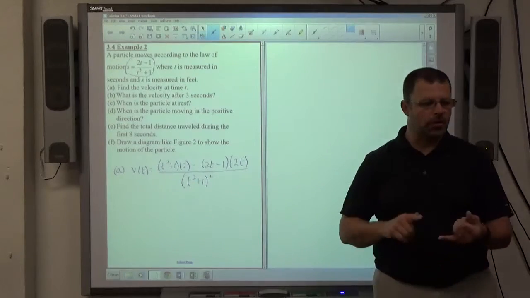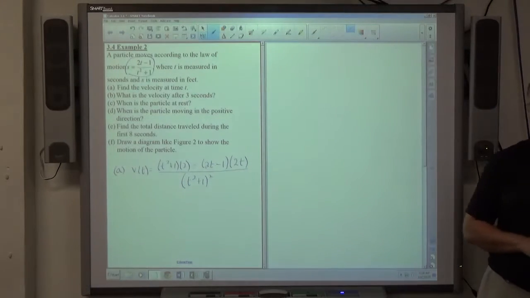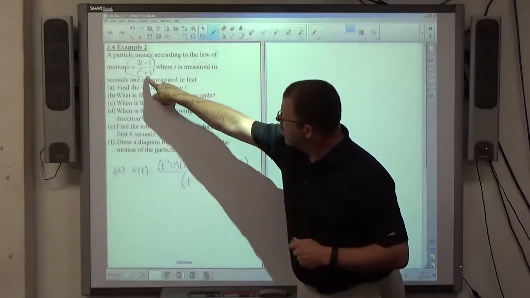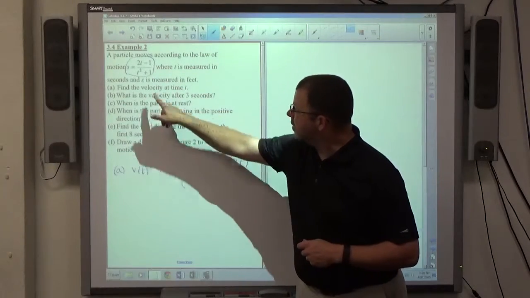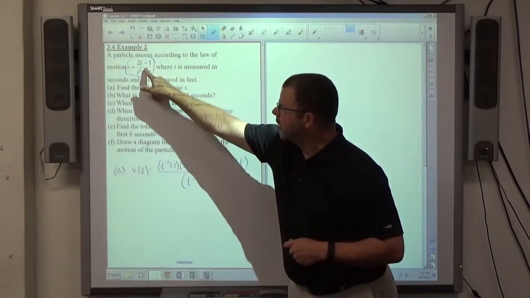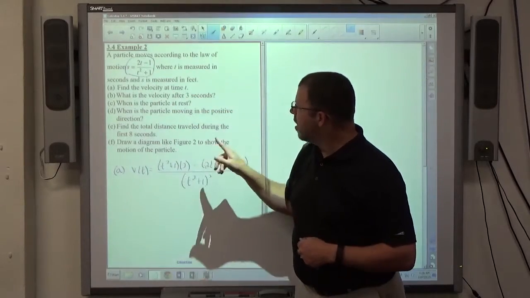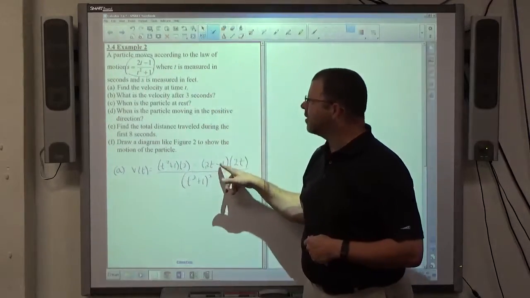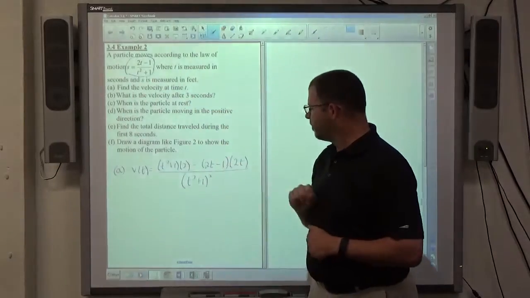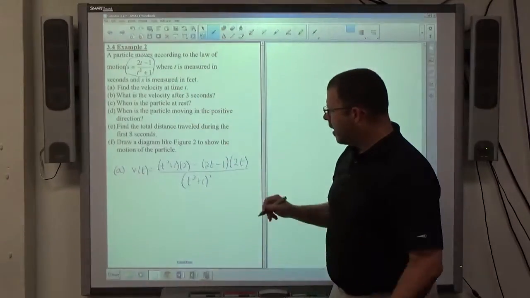And the quotient rule is always low d high minus high d low over the square of what's below. Low function, bottom function as is, d high is just 2, right? 2 plus 2 minus 0, so 2. Minus high, 2t minus 1 as is, derivative of the bottom is 2t, and then the bottom squared.